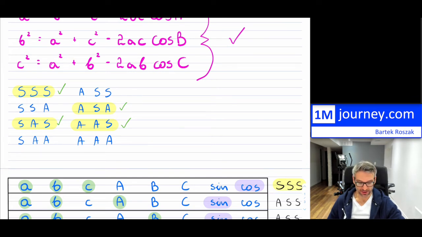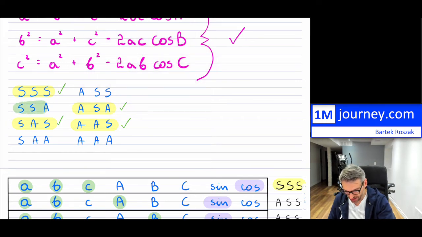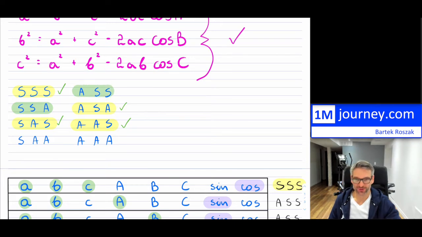And it only really leaves us 2 particular cases, which are both identical. So either you can say side, side, angle, or angle, side, side. I like to use angle, side, side, if you've watched some of my videos, just because it's much more memorable. And this is the problematic case. This is the one key problematic case that might arise.